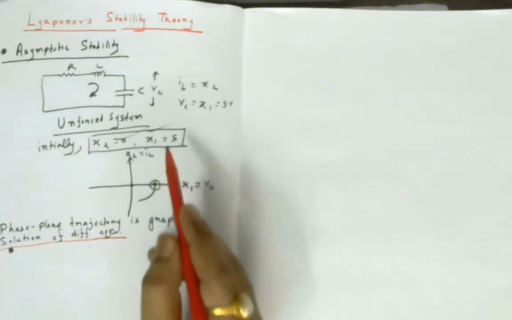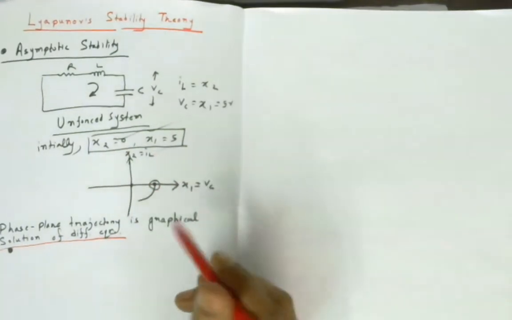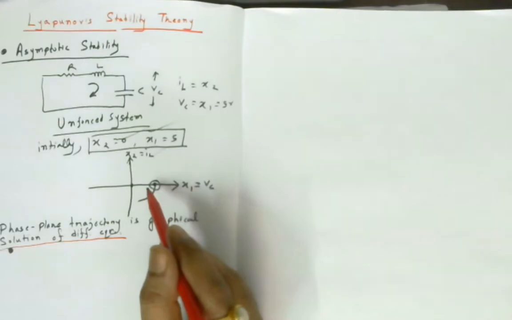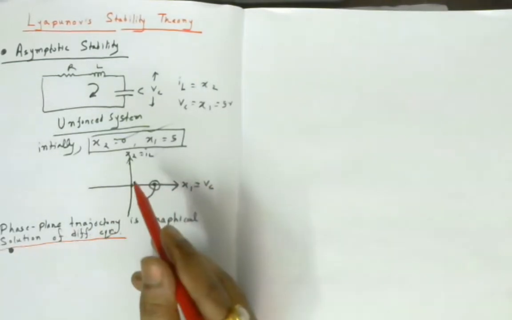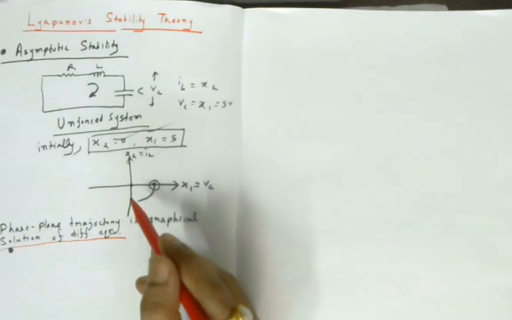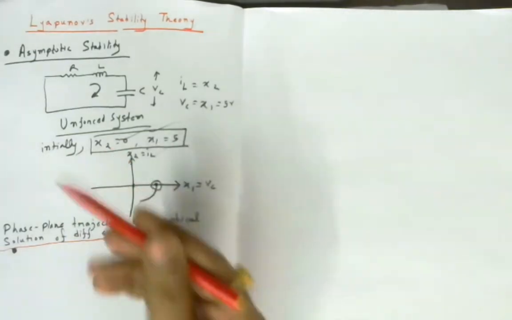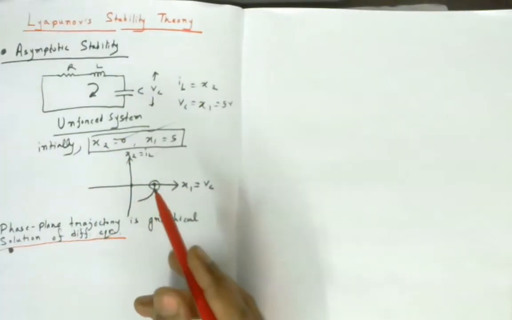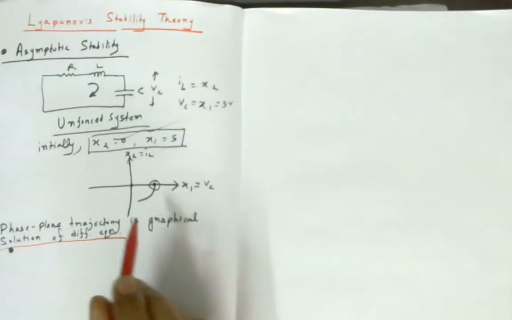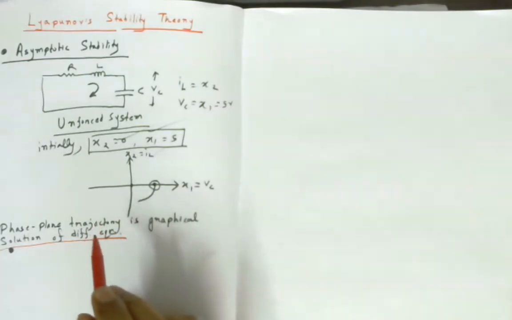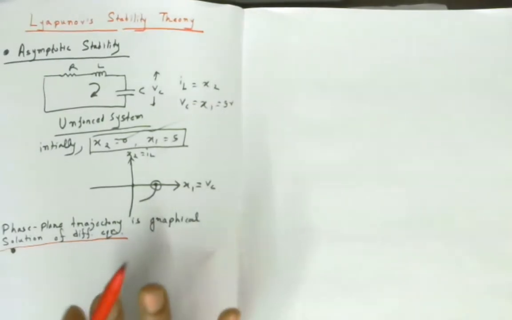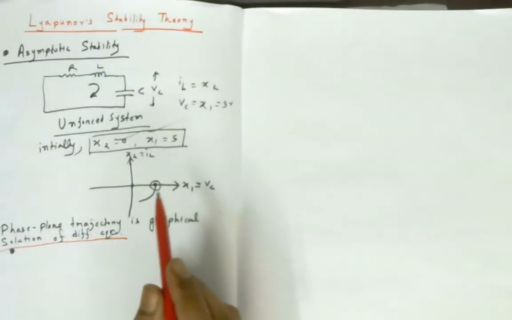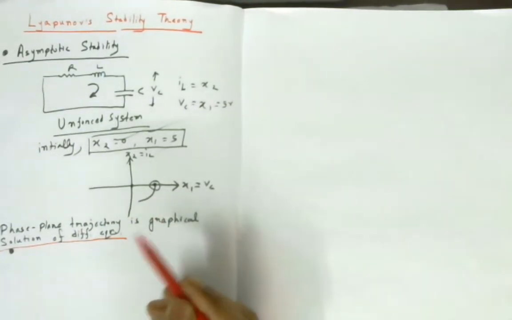because another point is time. Ultimately it will take some time to conclude whether the system will converge or diverge. The trajectory has to move, and that means it will take some time for the movement. So we are basically interested in seeing what will happen at last, when time tends to infinity.